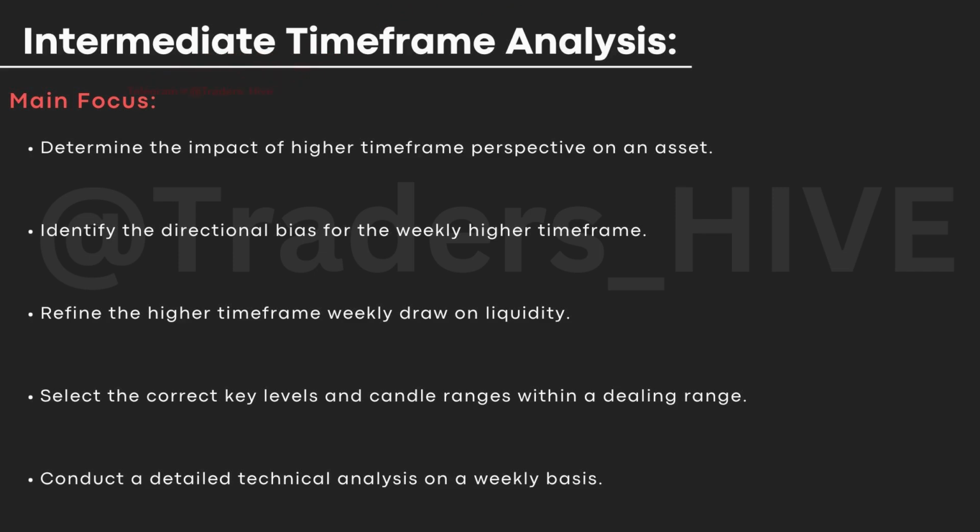We're going to refine the higher time frame monthly drawn liquidity down to the weekly time frame in a systematic approach, and we're going to be determining both our short term and long term drawn liquidity respectively. We're going to be talking about the correct dealing ranges and how to actually select them, and not only that, but selecting the correct key levels within those dealing ranges.